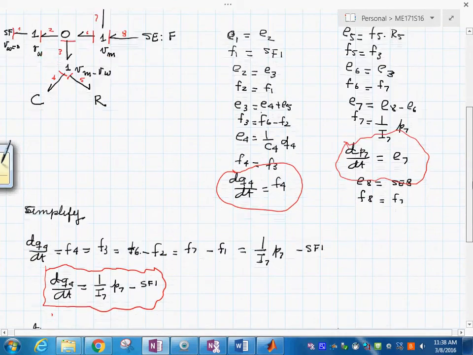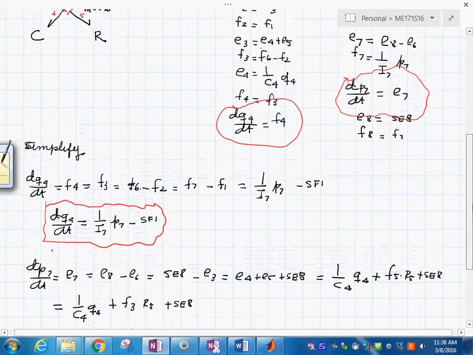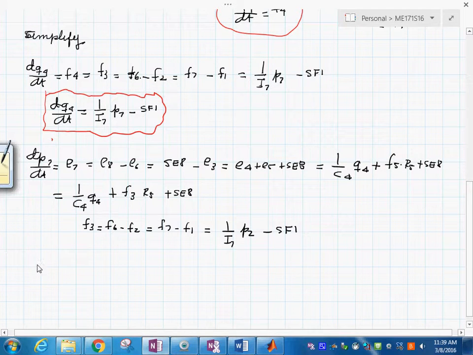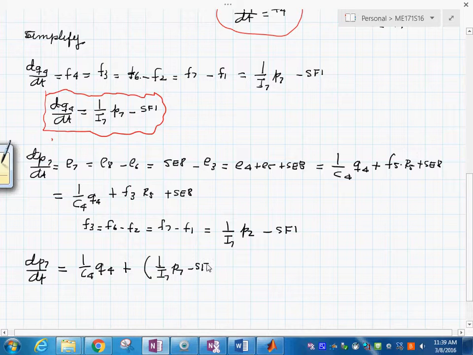So we could write finally one single expression: dP sub 7 dt equals 1 over C sub 4 Q sub 4 plus R sub 5 over I sub 7 P sub 7 minus R sub 5 times SF1 plus SE8. You see, this is the second equation in here.